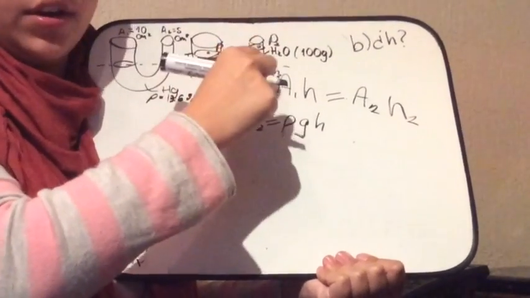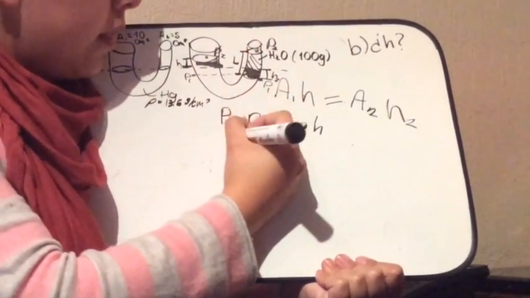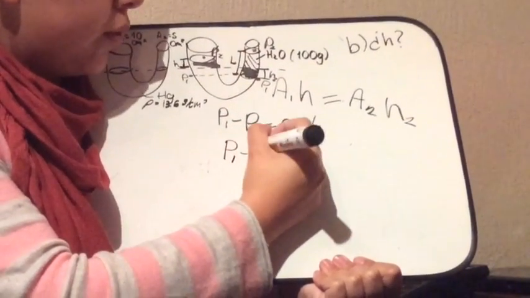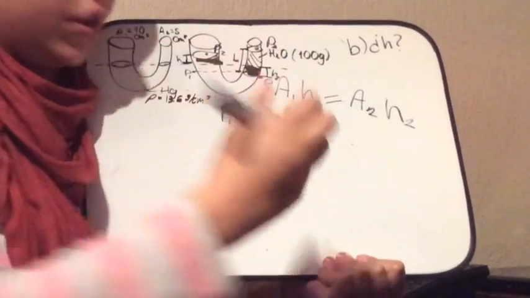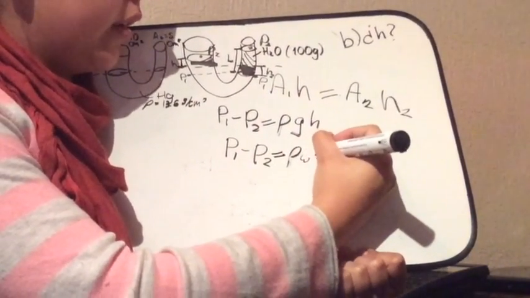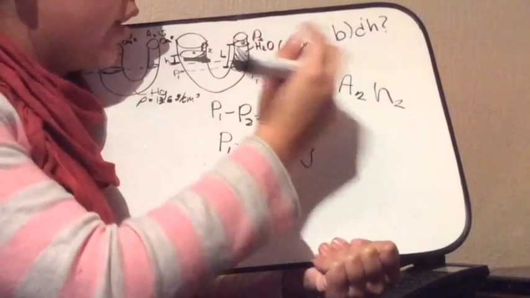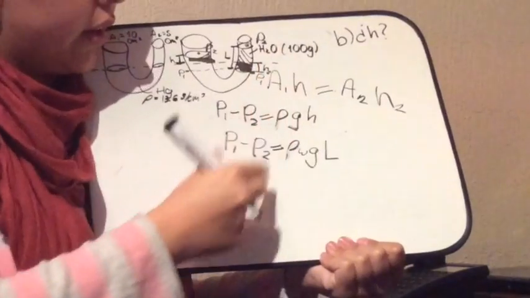In this case right here, we have P1 minus P2 on the right side should equal the density of the fluid, which in this case is water, times the gravity times h, which in this case the distance here is L, which we already calculated.